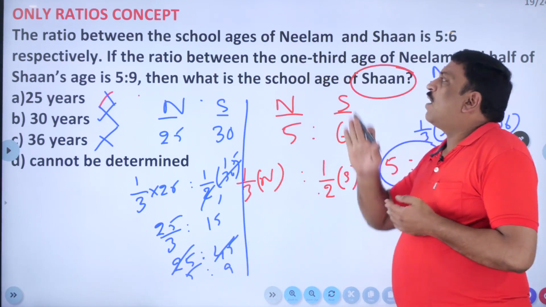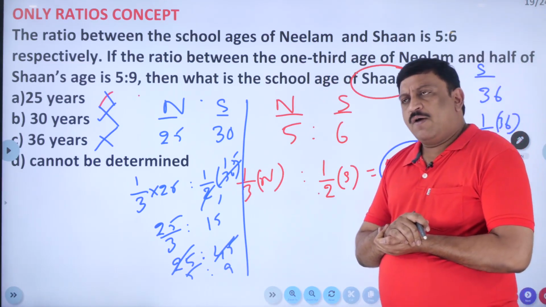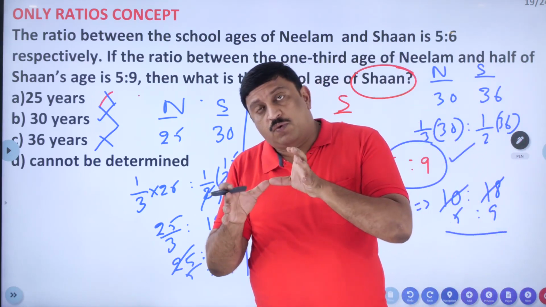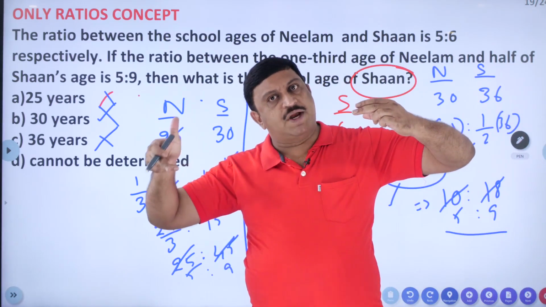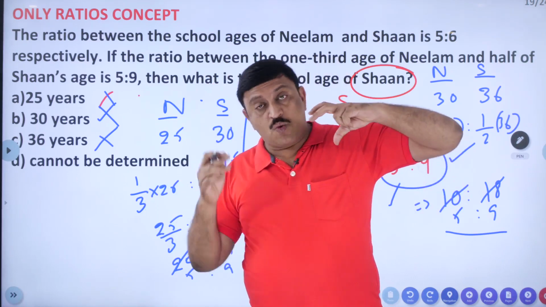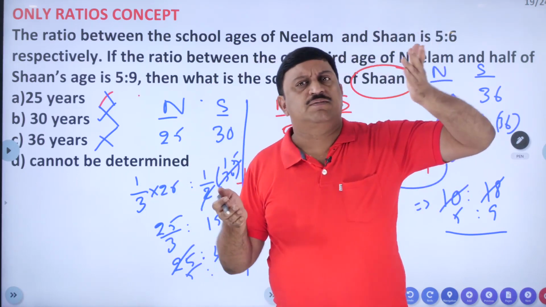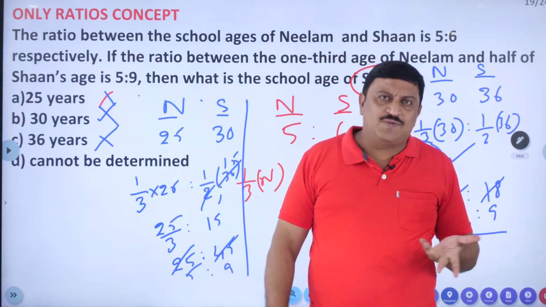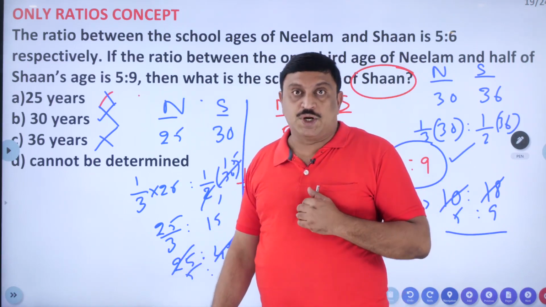But the concept here is, we have done so many questions: 2 ratios, 1 data concept, 1 ratio, same data concept and other data concept. There in 2 ratios, 1 data, what is the data we got? After 5 years, before 10 years, after 7 years, before 3 years, like that we got. 5 years ago he was this, those two are this much ratio.